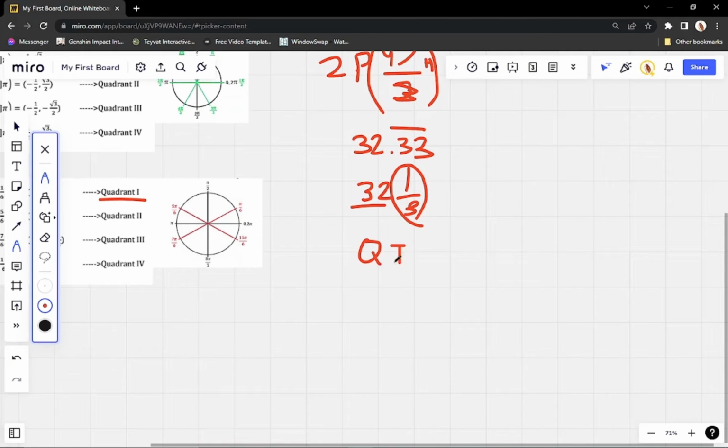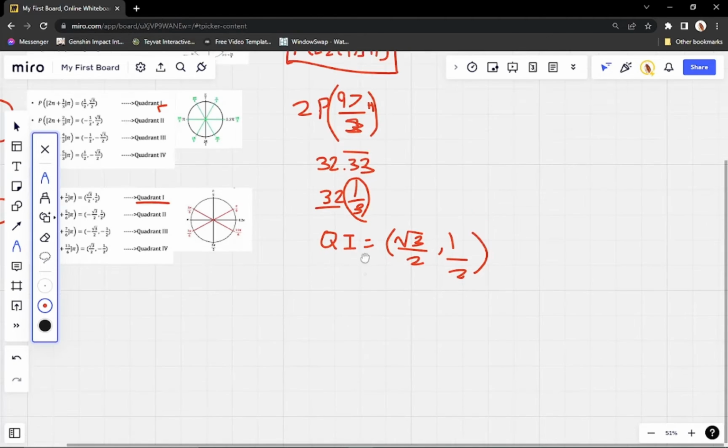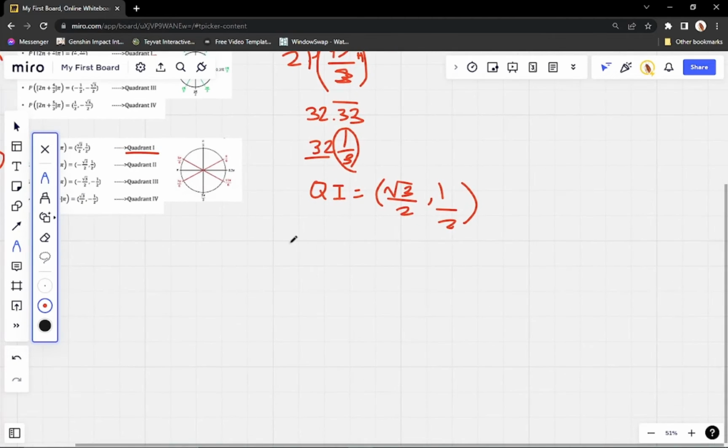Quadrant 1 has the coordinates square root of 3 over 2 and 1/2. Let's try and input it in the formula.